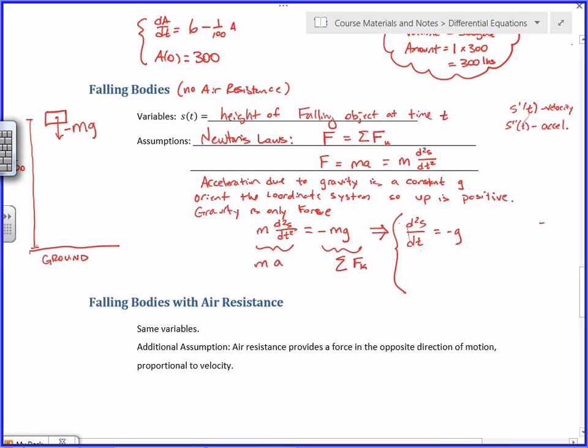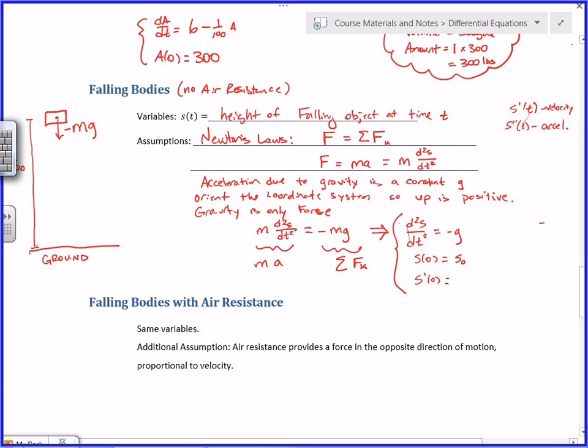Now, if you wanted to write this as an initial value problem, you need to have two initial conditions because it's a second order differential equation. So you'd need to set s of 0 equal to something and s prime of 0 equal to something. So in my drawing here, s of 0 is clearly s naught, because that's the height of the object at time 0, where I'm starting.